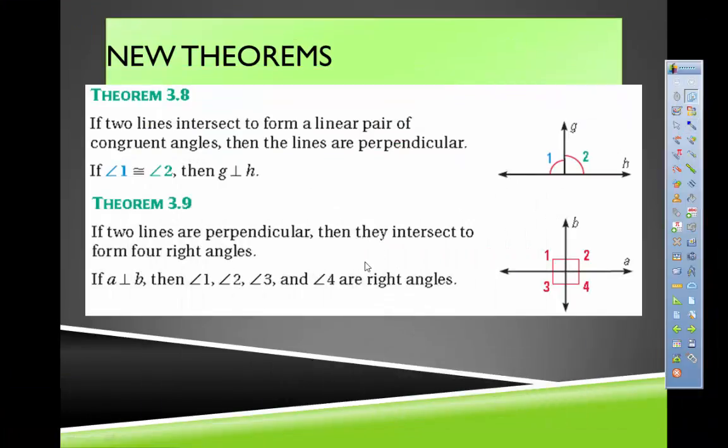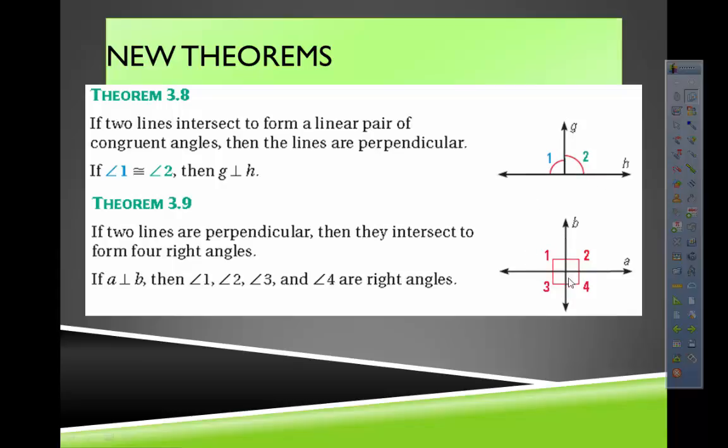Here's another one. Theorem 3.9. If two lines are perpendicular, then they intersect to form four right angles. And this seems like it's related to the previous theorem. The previous theorem says that you have perpendicular lines if those two are congruent and you have a linear pair.